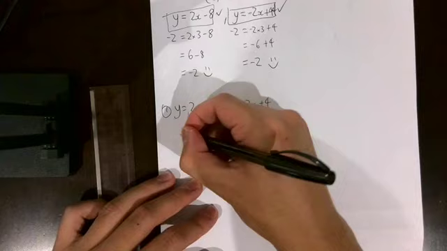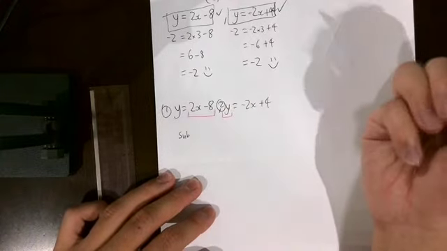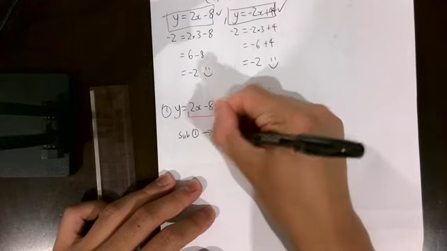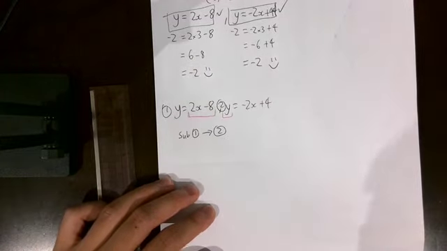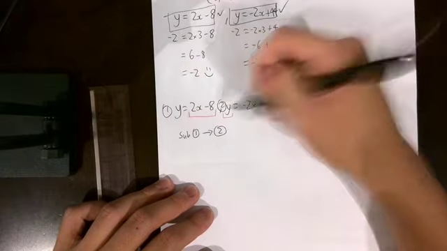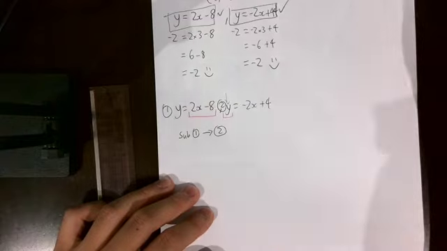So what I'm going to write below is our normal first step when we're solving simultaneous equations. We are substituting equation 1 into equation 2. Now what that basically means is we have a look here that y equals 2x minus 8. We're going to replace every y in equation 2 with 2x minus 8.